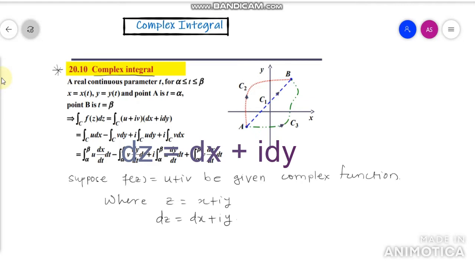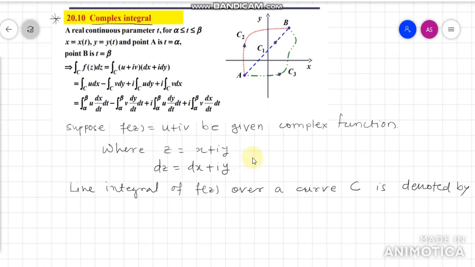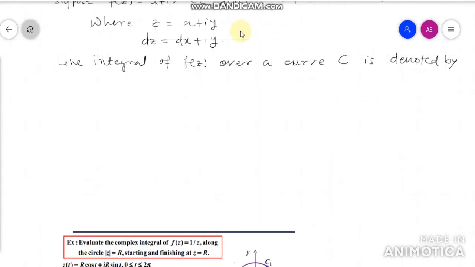Now, the line integral of f of z over a curve C is denoted by integral over C f of z dz.